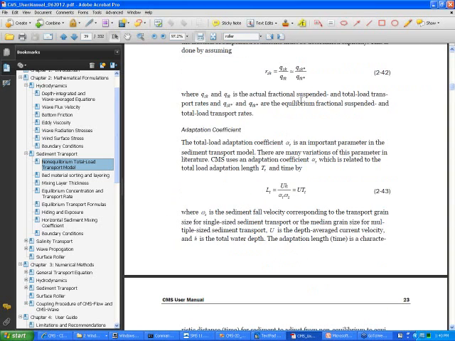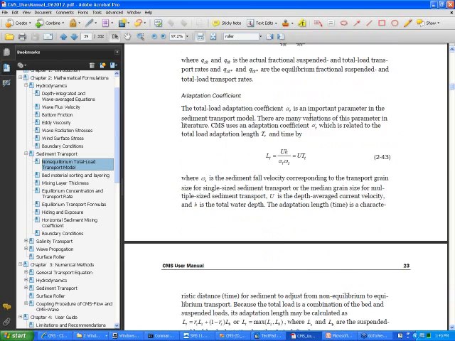One important parameter in the sediment transport model is the adaptation coefficient. As I mentioned, we use the adaptation concept for calculating the erosion and deposition at each cell. I've heard some people call this a relaxation approach, but it's really not a relaxation approach. Numerically, it looks like that, but it has physical meaning.